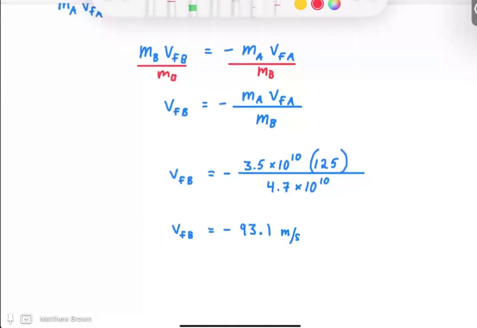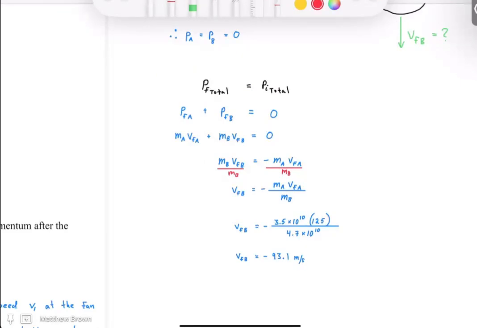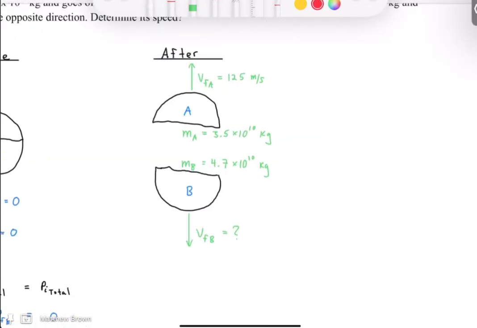Then I just substitute in the numbers that we already know. Note that it is going to be a negative, and I come out with negative 93.1 meters per second. And I can go back and look, does this answer make sense? Well, definitely the negative makes sense, because I'm saying that V final of part A is in the positive direction, so it makes sense that this would be in the negative direction over here.